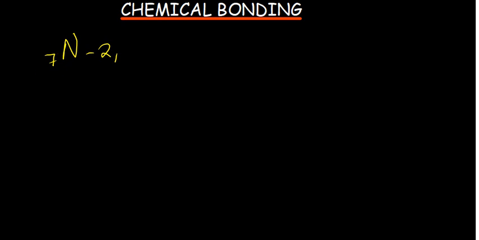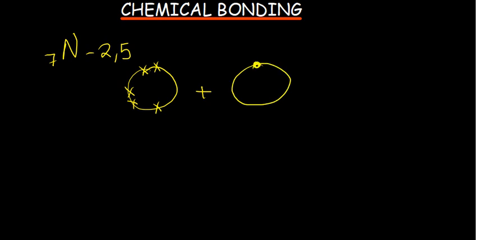We're remaining with 5. So we're going to put those 5 here. This is the electron configuration. So we're going to have one nitrogen with 2, 5, reacting with another nitrogen. I'm going to put circles 1, 2, 3, 4, and 5.